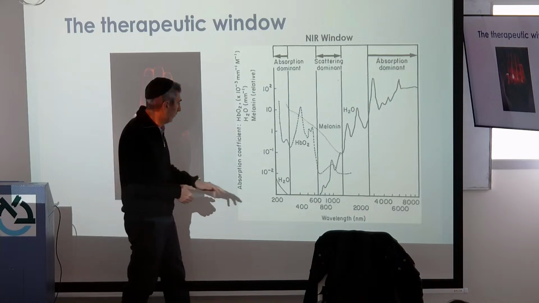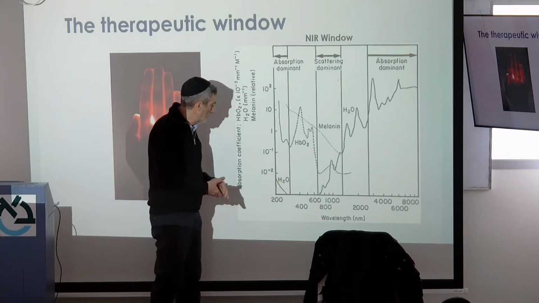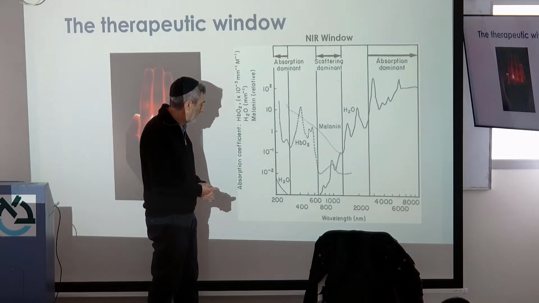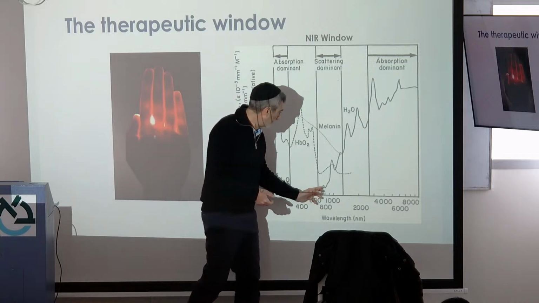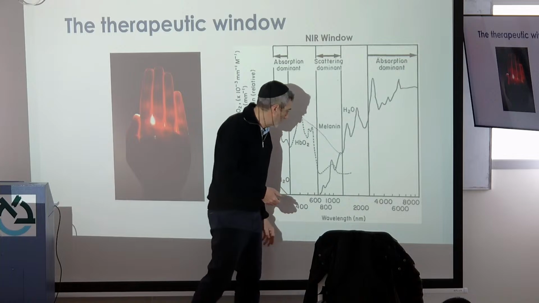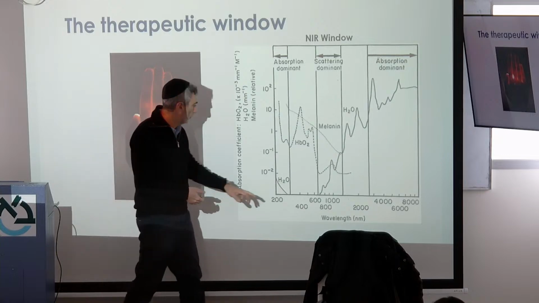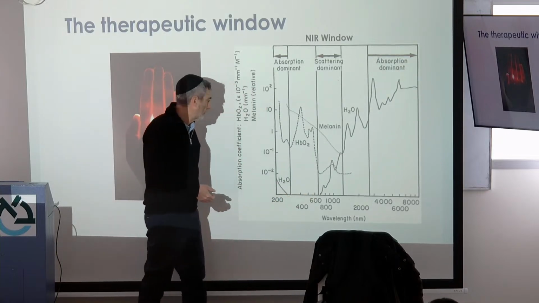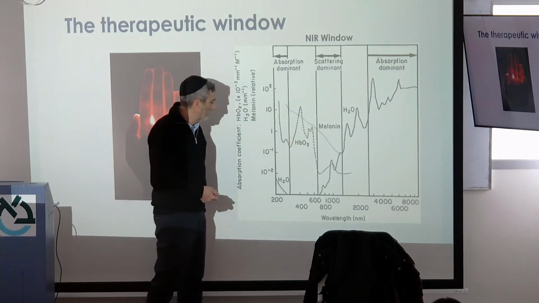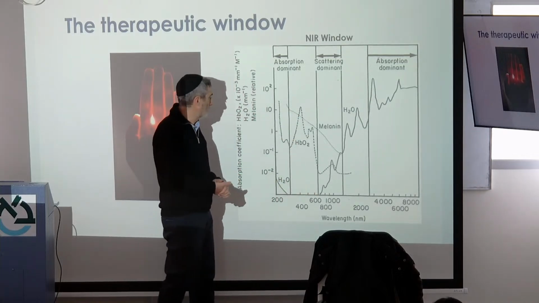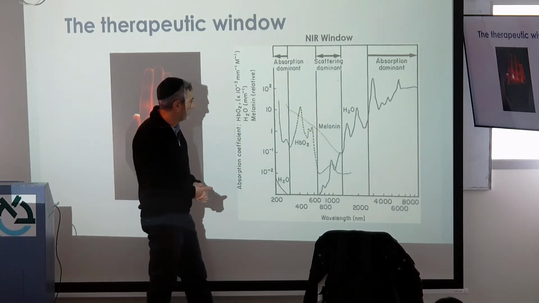For the water, you see some absorption here in the ultraviolet and violet section of the spectrum, and then it starts again on this side, where you have very strong absorption for the far infrared. There is a window here where the water does not absorb, but on the other hand, the hemoglobin has peaks in this region where the absorption is very strong, and the melanin has a decaying absorption coefficient with wavelength.